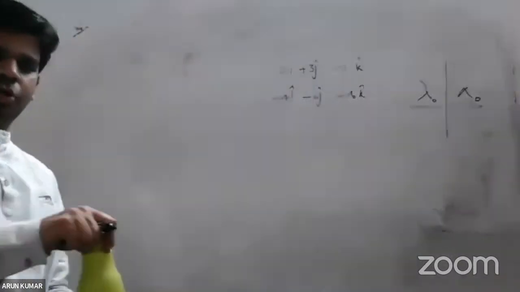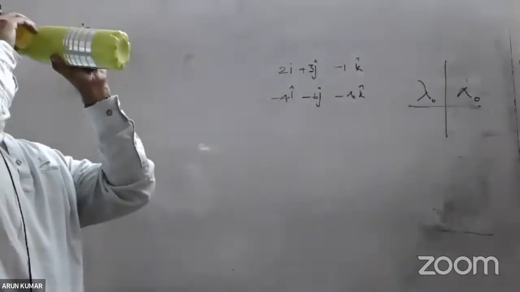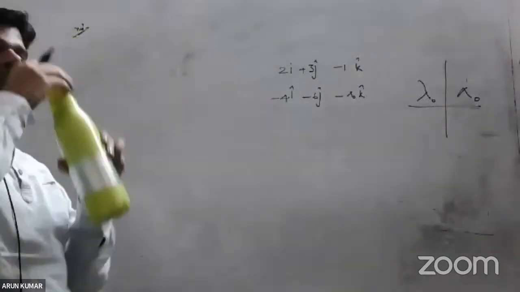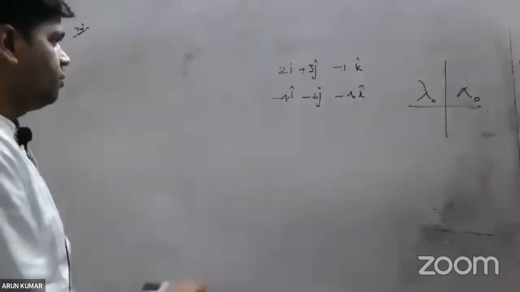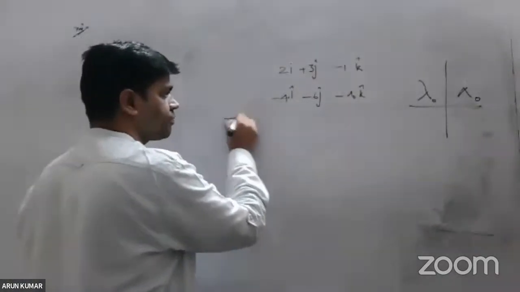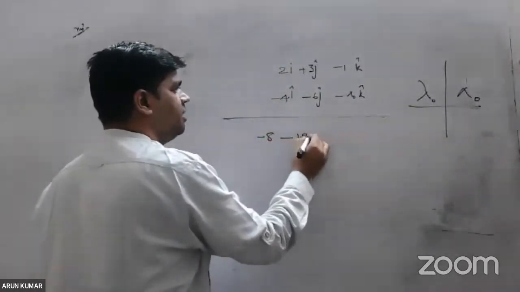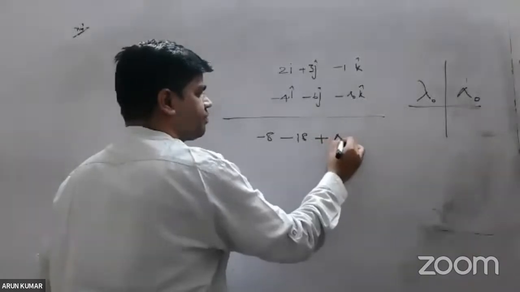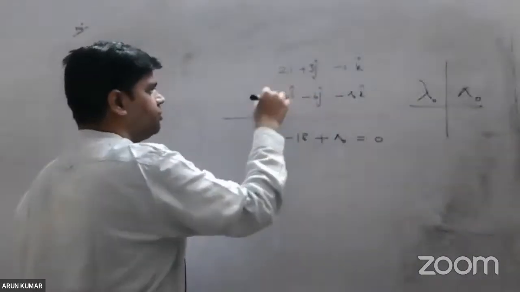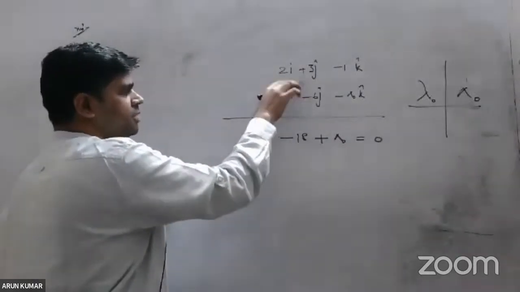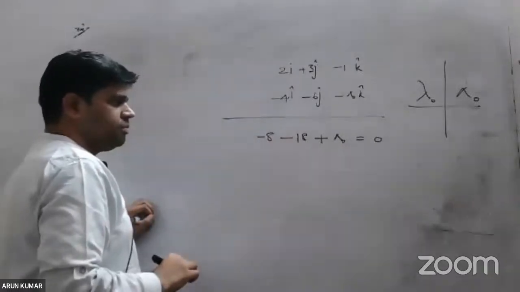I take the dot product and equate it to 0 because cos 90 is 0. What's the dot product of these two? Minus 8 minus 18 plus lambda should be equal to 0. That's the dot product of these two, right? Just multiply the corresponding components of i, j, and k and add them.